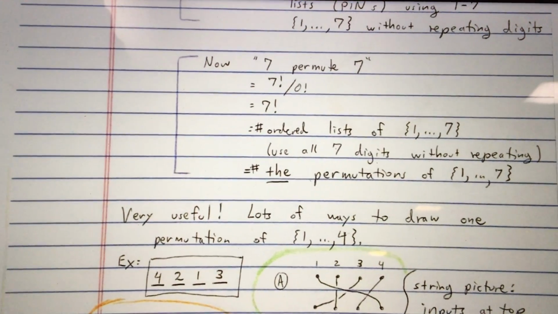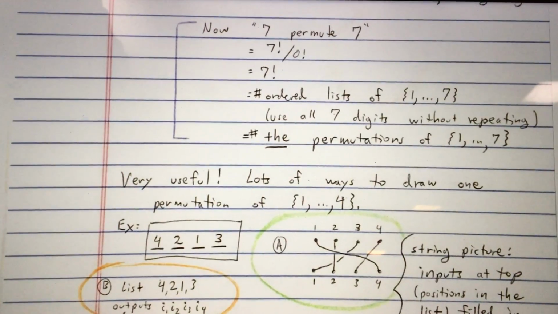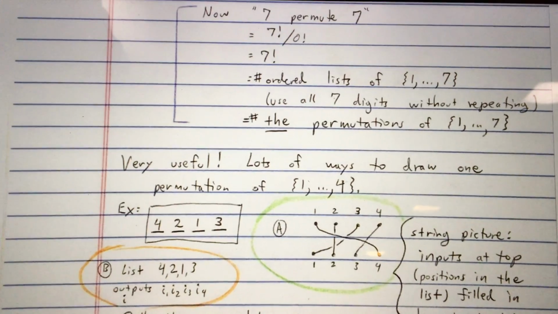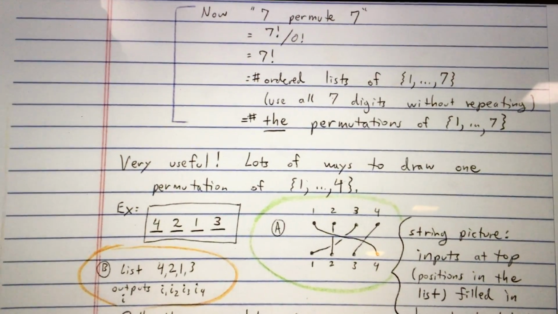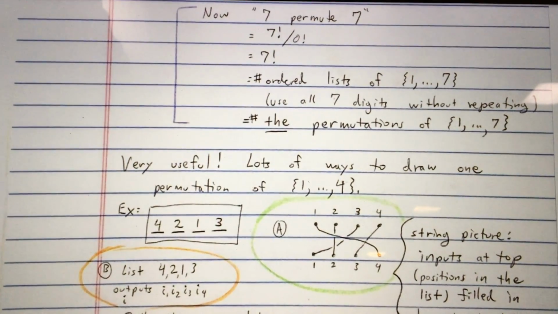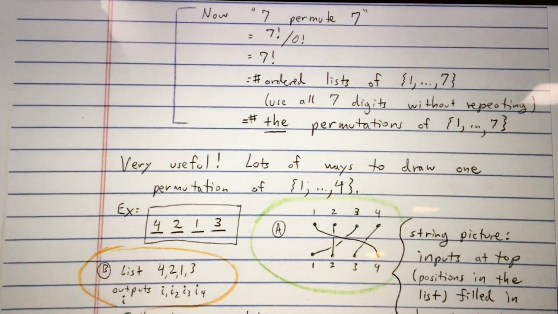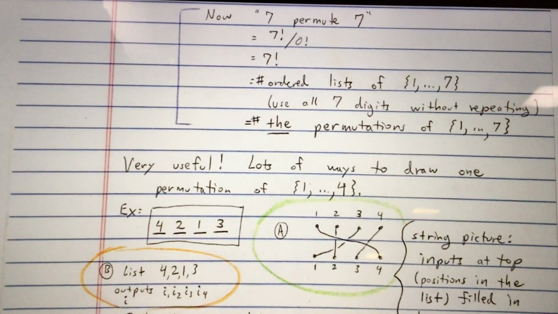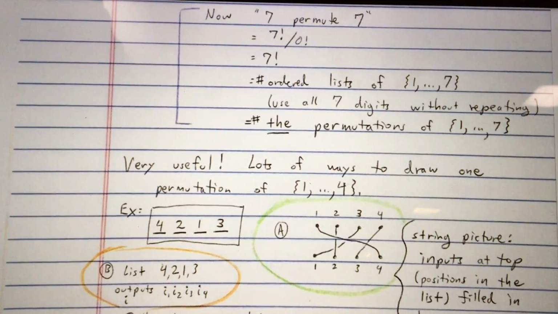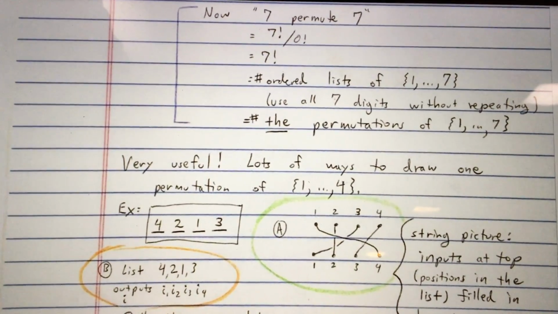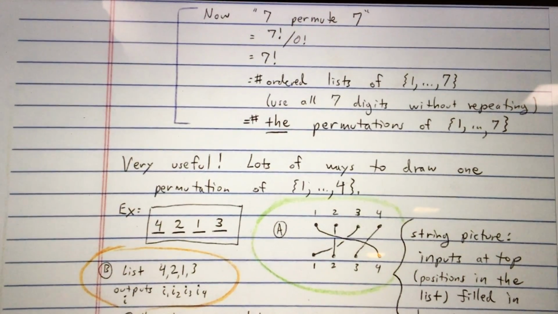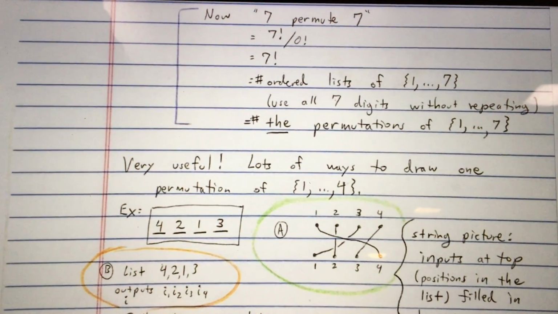So now I'm going to draw it several different ways. Let me look down first at B underneath there. That's the closest to what we did before. Sometimes people would write a permutation just by listing the outputs. Well, why do I call them outputs? I'm going to mention that in a second. But they just list the numbers in order, 4, 2, 1, 3.